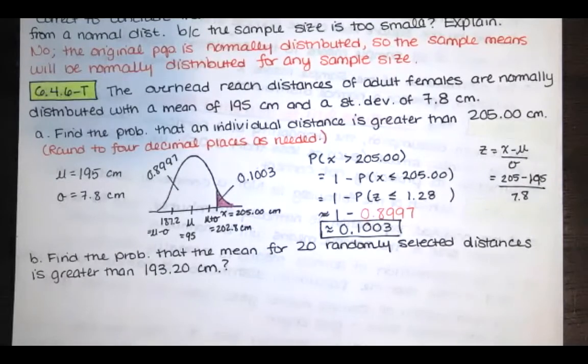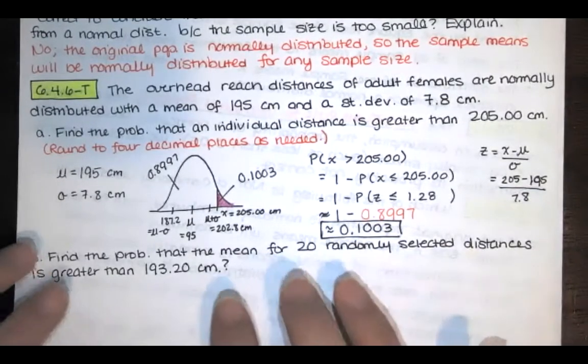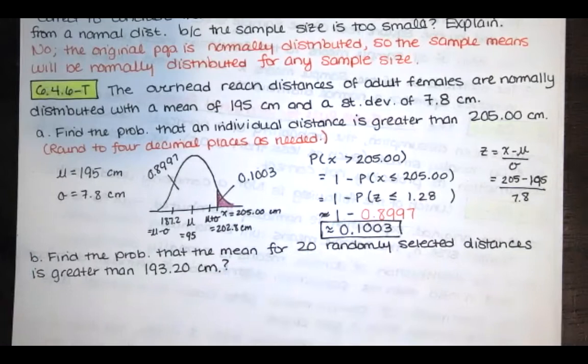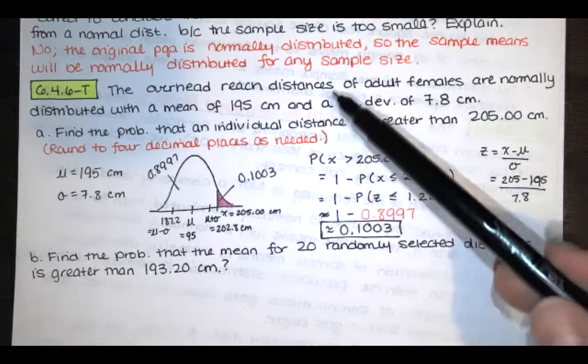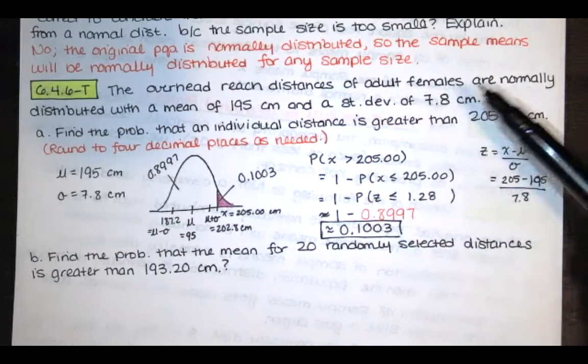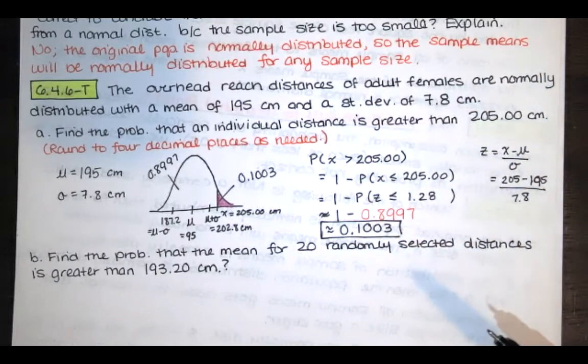Here we are. We're asked to find the probability that the mean for 20 randomly selected distances is greater than 193.2 centimeters. Now we know that since the overhead reach distances of adult females were normally distributed, the sampling distribution of their means will also be normally distributed.